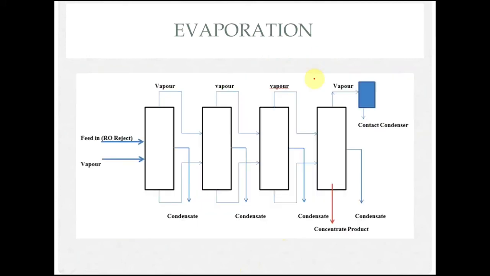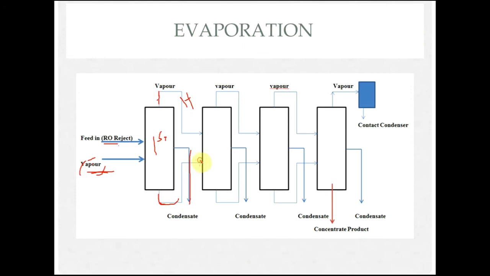Let us see through a schematic. Here feed is fed to the first evaporator along with steam. When the first effect takes place, the vapors coming out are again used in the second effect as a heating medium, and the condensate is taken out from the first effect.